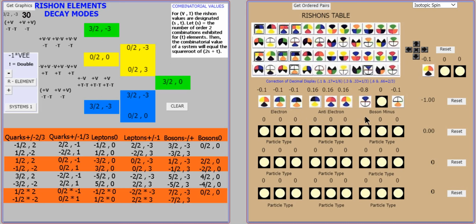Specifically, we will take the anti-T self-relating rishon and exchange it for this alter-relating rishon in the muon, and this anti-V self-relating rishon and exchange it for this alter-relating rishon in the anti-muon.